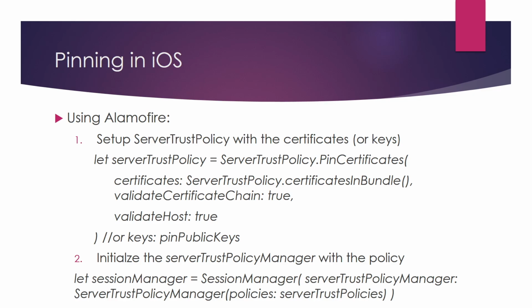Next you have to instantiate the manager with that policy, and then you're done. It's that easy. So there's no extra stuff over there, which is great. There's only one small weird note. Basically we'll get back to that later on, I believe. Oh no, the weird thing over there is that sometimes it doesn't work. You need to disable ATS.